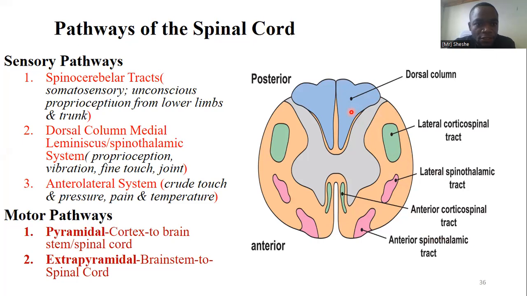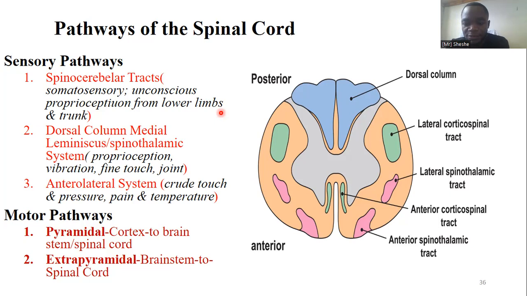Okay. The spinocerebellar tract transports information to the cerebellum, and the information it carries is mainly unconscious proprioception from the lower limbs and the trunk. Remember what I was saying about the cerebellum: its main function is balance as well as coordination of muscle tone, like the amount of force you need to perform a certain task.